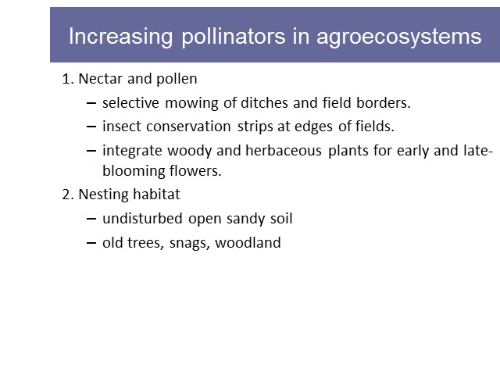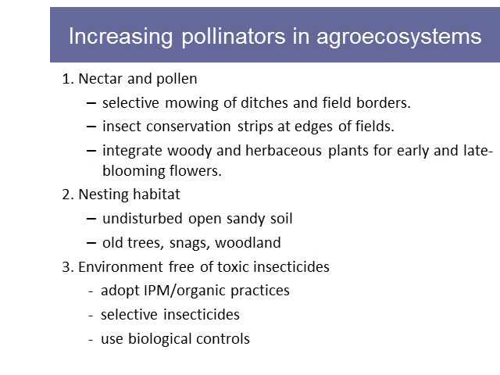Also encouraging nesting habitat for birds, like undisturbed open sandy soil, old trees, snags, or woodlands. And finally, keeping the environment free of toxic insecticides, like adopting the integrated pest management or organic practices we talked about, using biological controls, or selective insecticides.